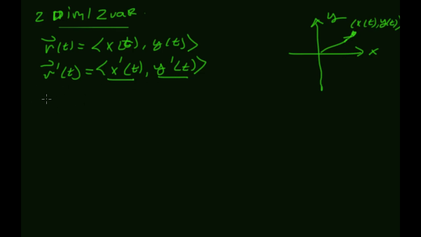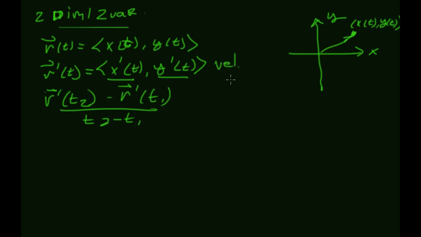If I want the average rate of change over a particular period, I take the vector r of t2 minus r of t1 over t2 minus t1. This is again going to give me a vector, but where the derivative was the velocity vector, this is the average velocity vector. This gives me the average rate of change up and to the right.